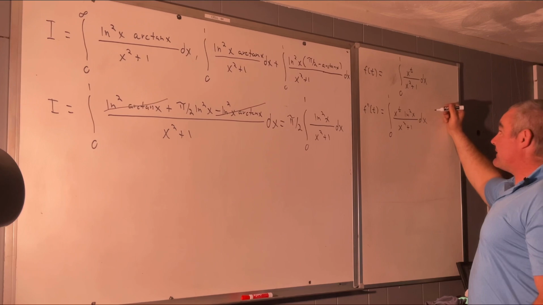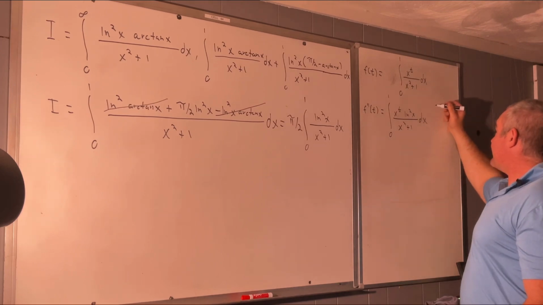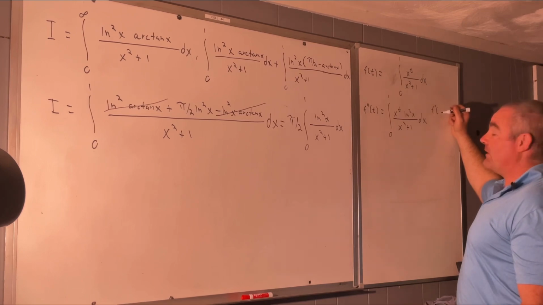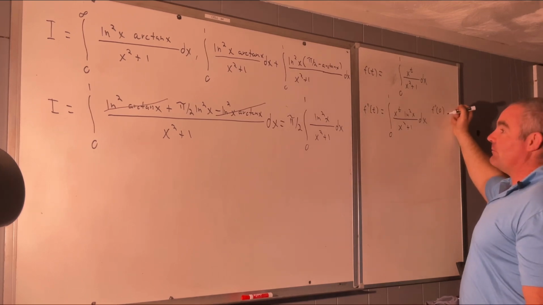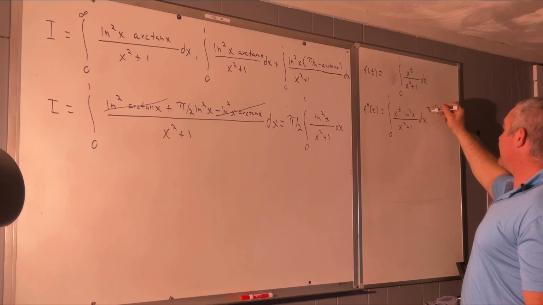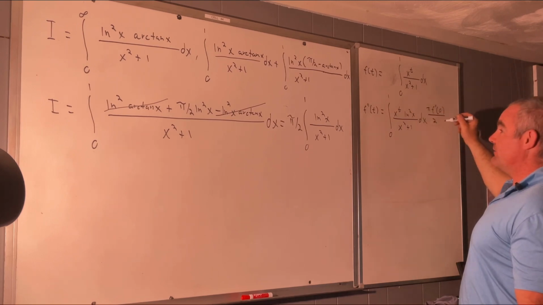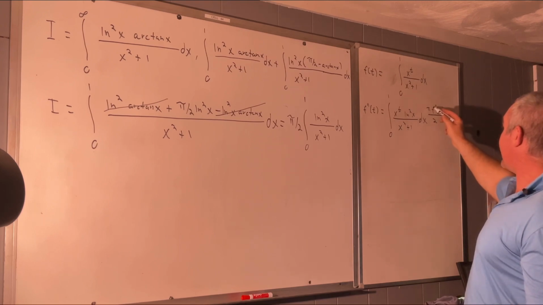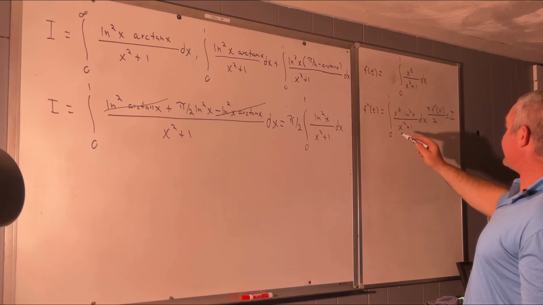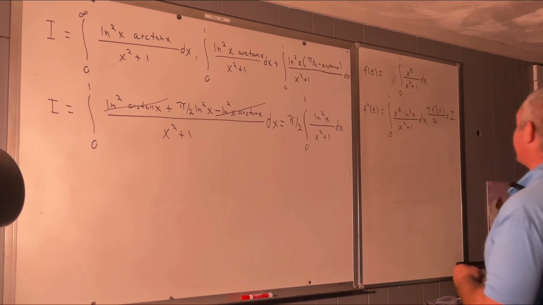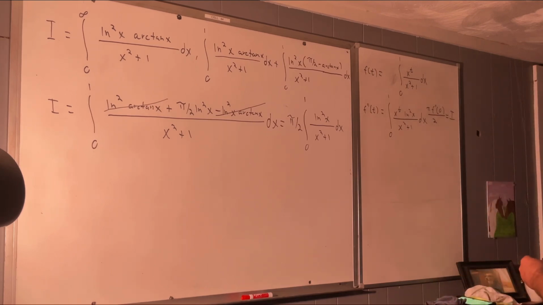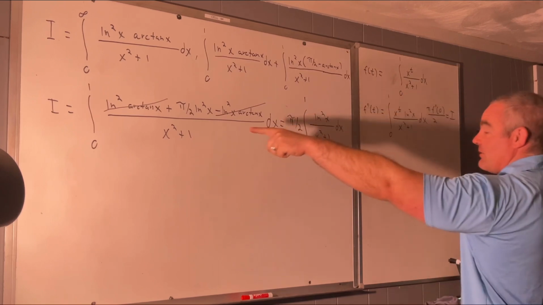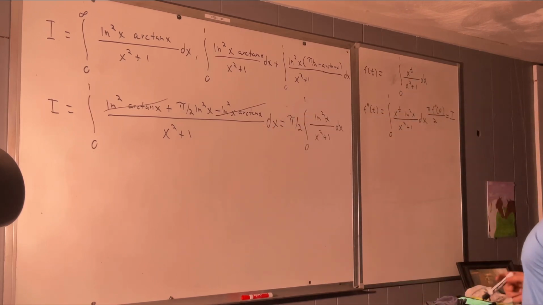And we can say that if we took f double prime, evaluated it at the point 0, and then multiplied it by pi over 2, we would get I. Because if we took f double prime at 0, this becomes the integral from 0 to 1 of natural log squared x over x squared plus 1, and then multiplying it by pi over 2 gets us this thing, which is equal to I.